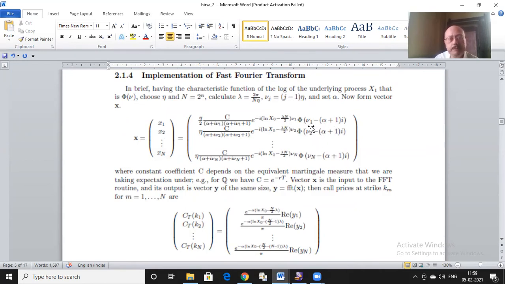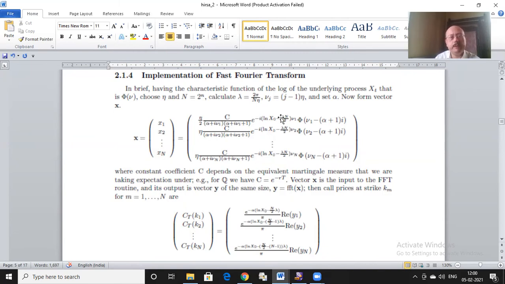Then phi evaluated at mu1. x2, similarly, everywhere in place of mu1, I put mu2, which is eta then, and so on till I get to capital N, which is the end of the grid.